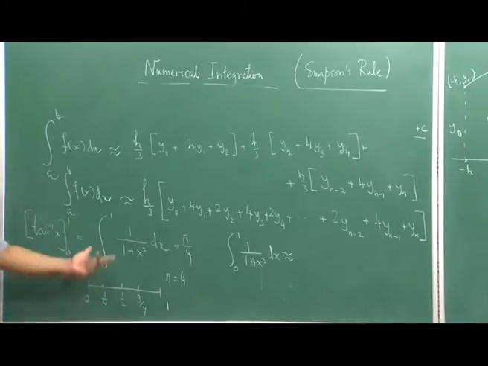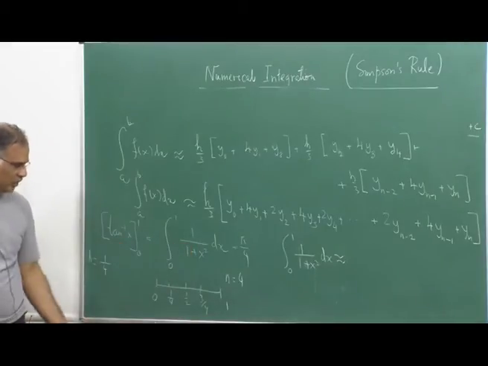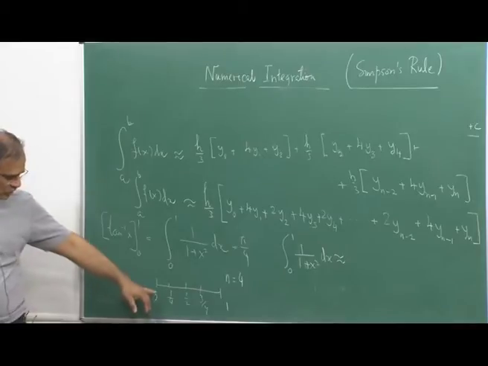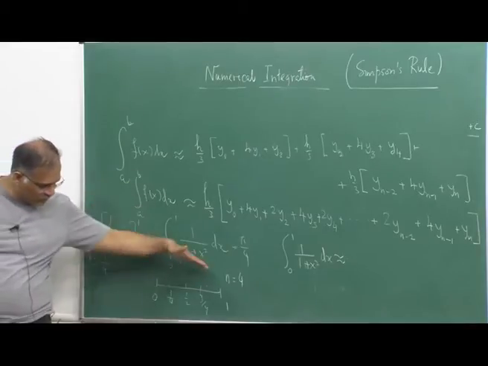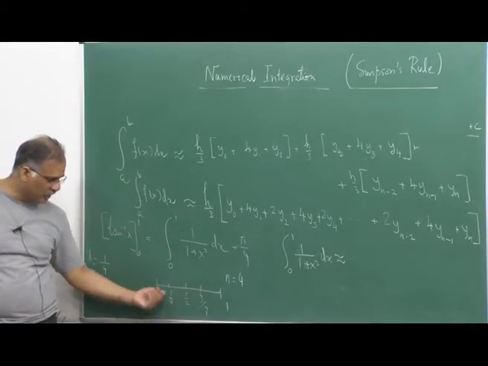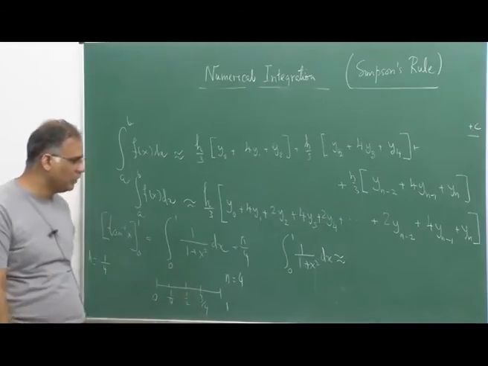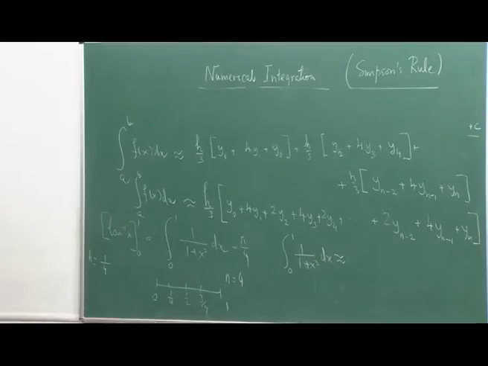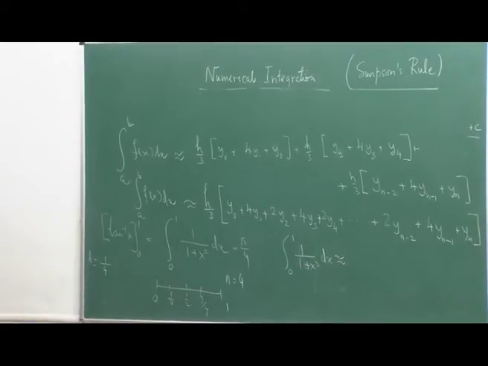At 0 of course, you know it is 1, at 1 you know it is half, and then you know that of course, the function value is decreasing. So, at 1/4 and at half you compute those values. Knowing that, you can compute this out and it turns out to be 0.7854.